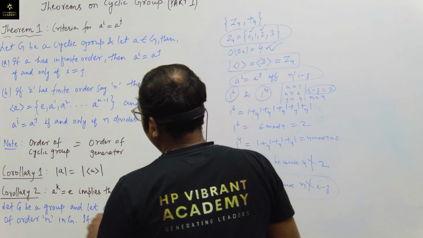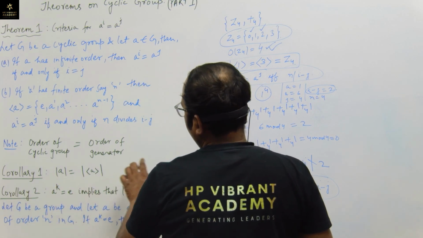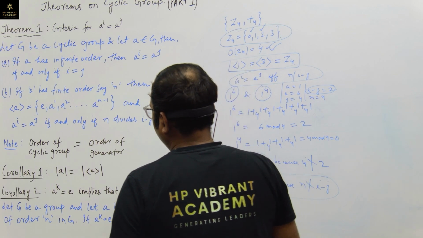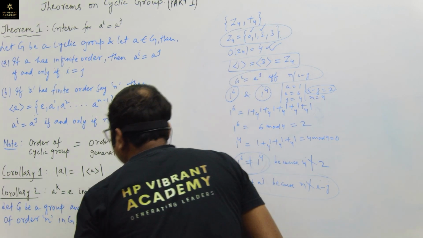We have the corollary here: the order of an element is equal to the order of the group generated by that element. Let us discuss this with an example.